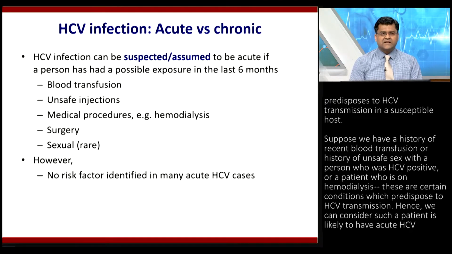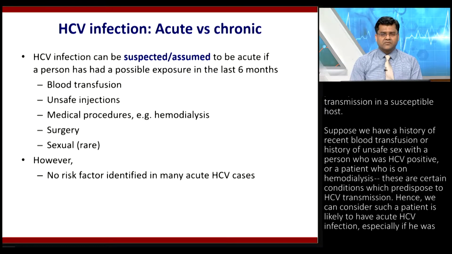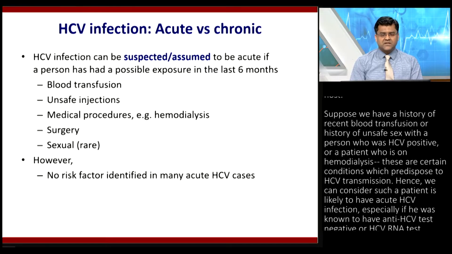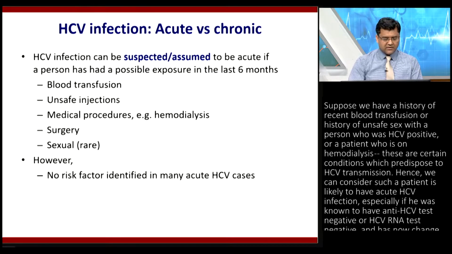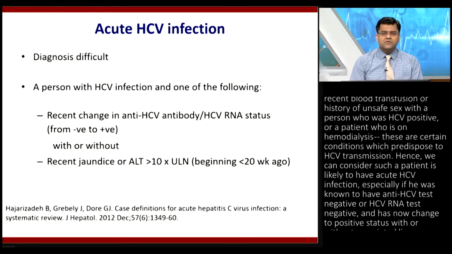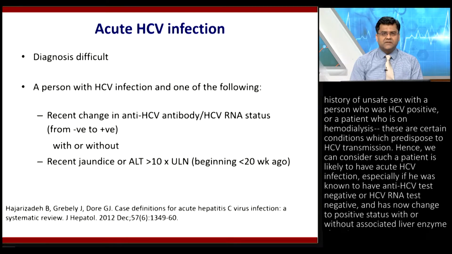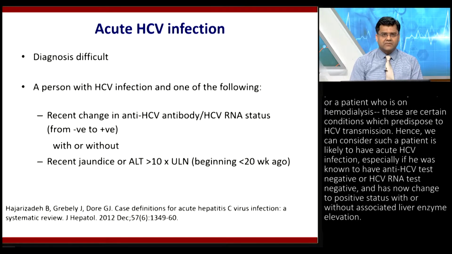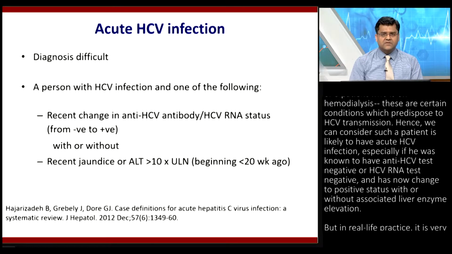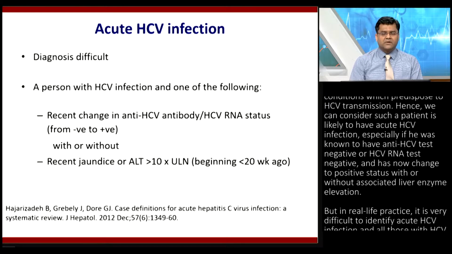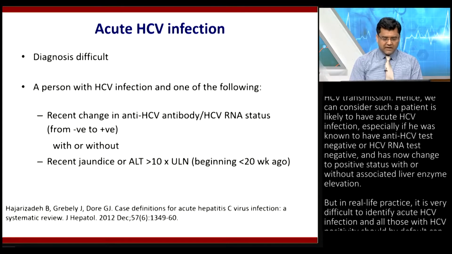These are conditions which predispose to HCV transmission, and we can consider a patient likely to have acute HCV infection, especially if he was known to have a negative anti-HCV test or negative HCV RNA test, which has now changed to positive status, with or without associated liver enzyme elevation.